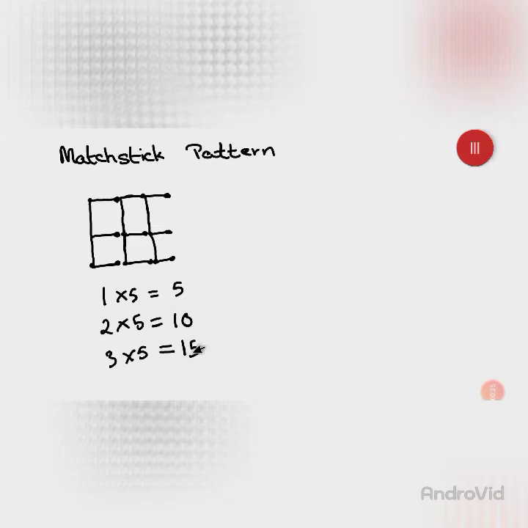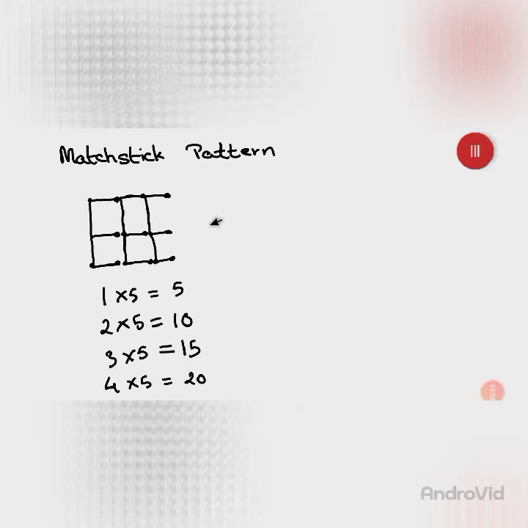Total matchsticks in 3 E's are 15. Now if we make one more E, there are 4 and the number of matchsticks will be 20.